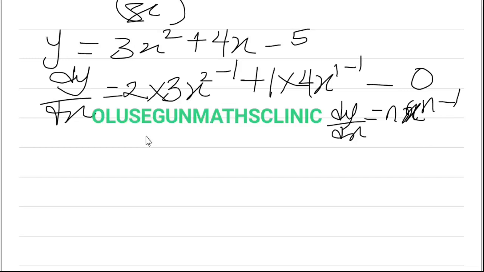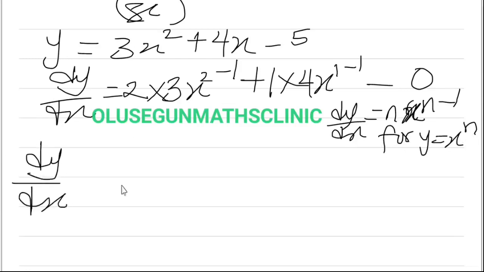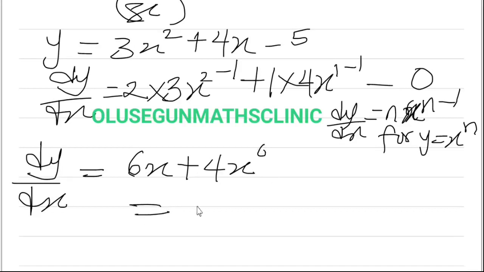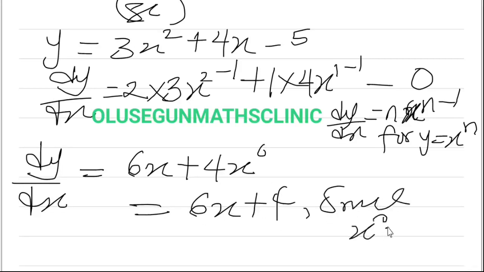So for y equal to x to the power n, the dy/dx is equal to 6x plus 4x to the power 0, which is equal to 6x plus 4, since x to the power 0 is equal to 1. So this is just how to differentiate.